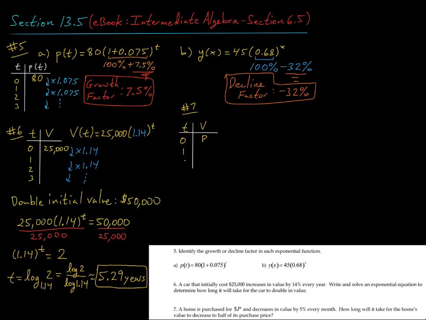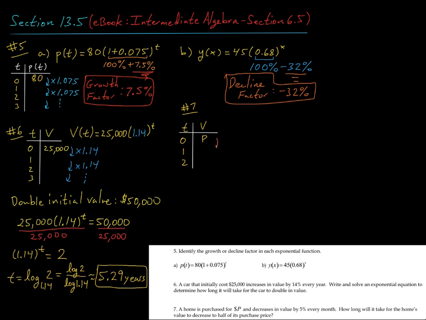Okay. Now from year to year, what's our multiplier going to be? Well, we decrease in value by 5%. So we're in this kind of scenario with a decline factor here of minus 5%. So I'm thinking, okay, I take 100% and then I take off 5%.